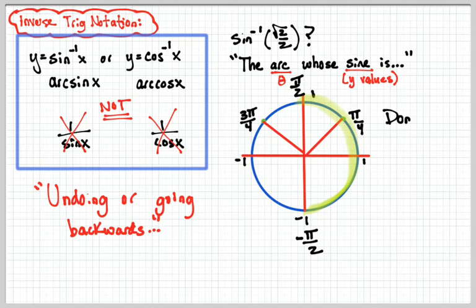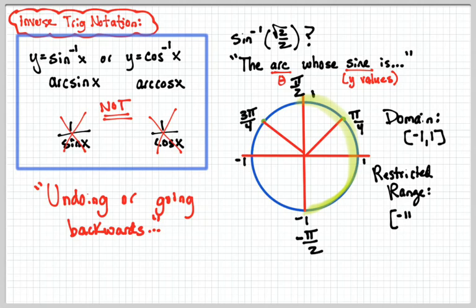So our domain now is negative 1 to 1, and our range, actually I should be more explicit, our restricted range is negative pi over 2 to pi over 2.